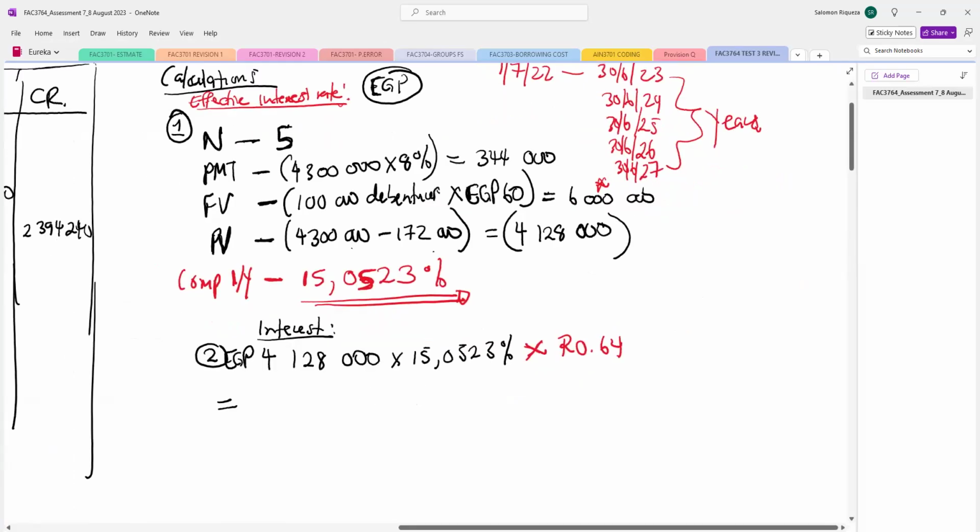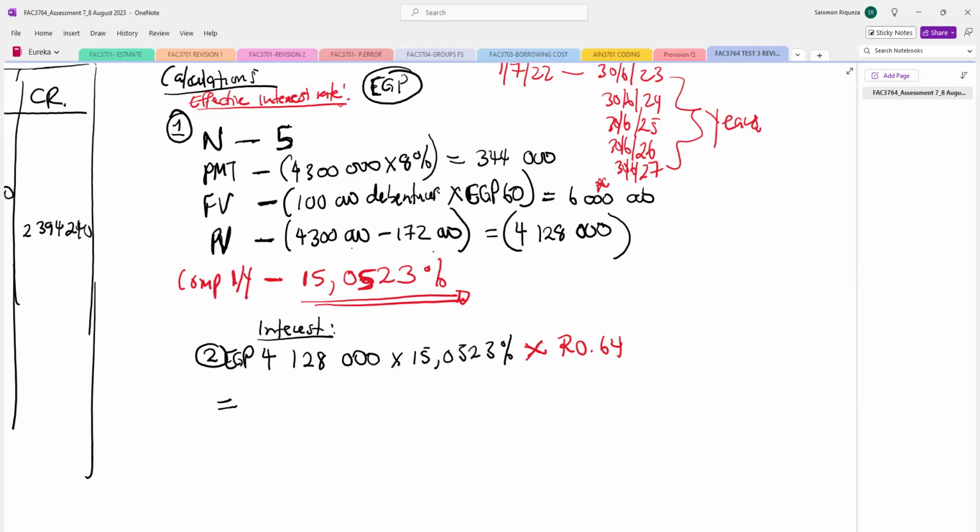All right. So it has been a full year. So if I say multiply by 12 over 12, it's the same as just not saying anything. It's for the whole year. So 4,128,000 multiplied by 15.0523%. Or you can do this in decimal, guys. Always change things to decimal.